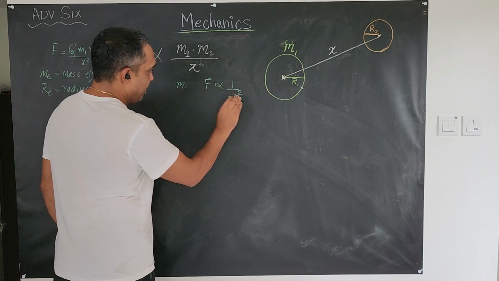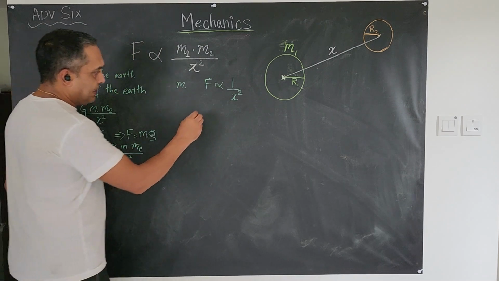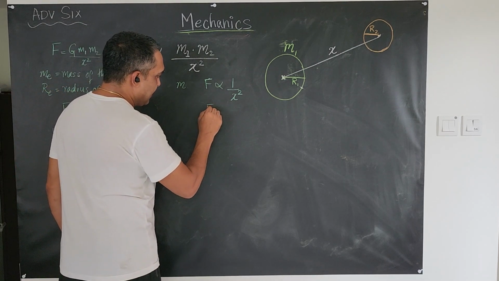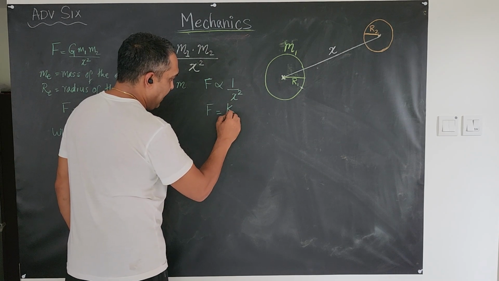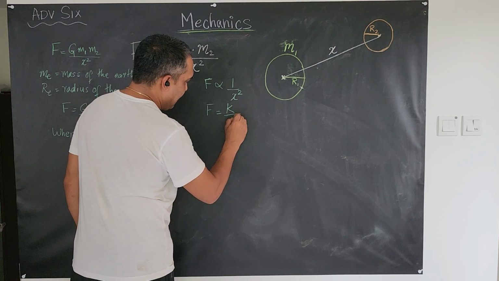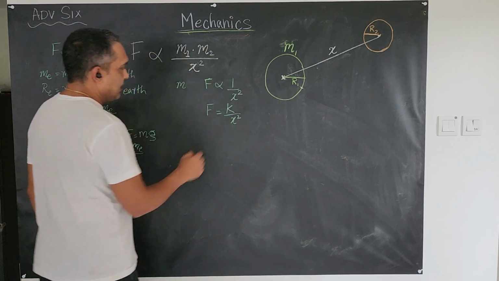If I replace that with a constant of proportionality, in this case k, I write that with respect to the distance.